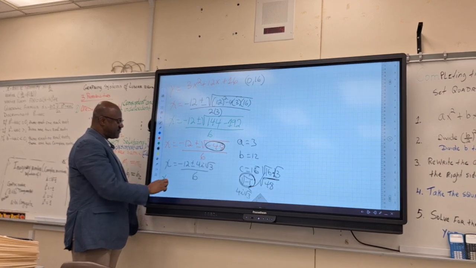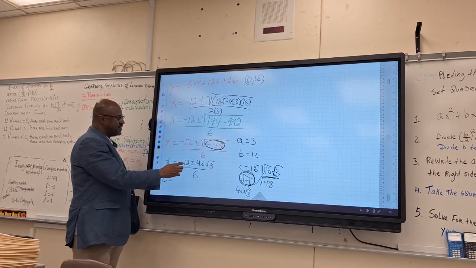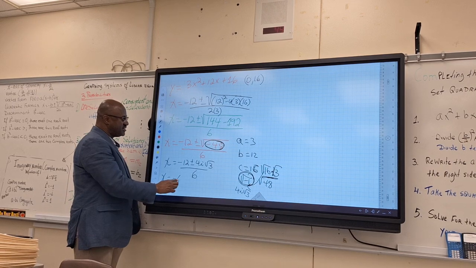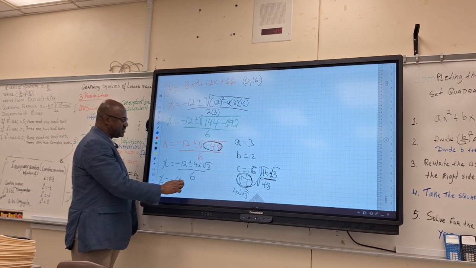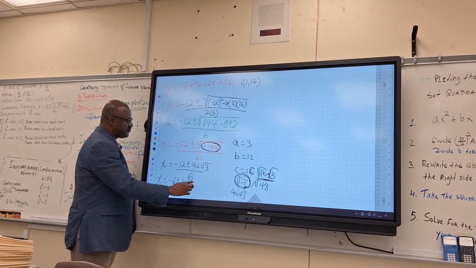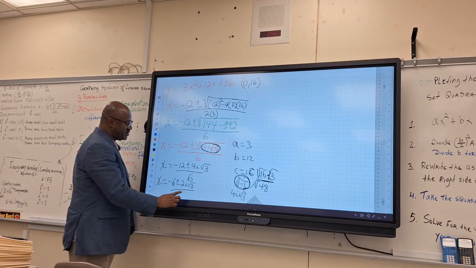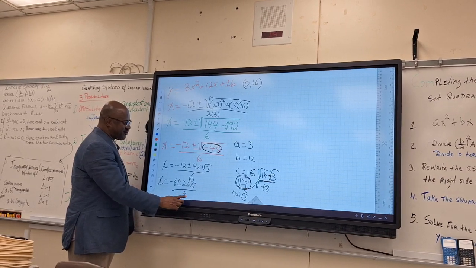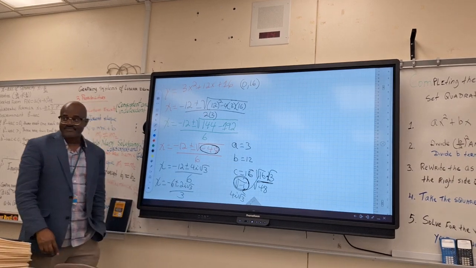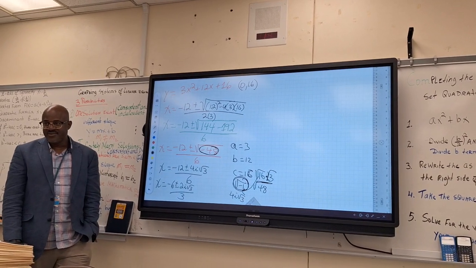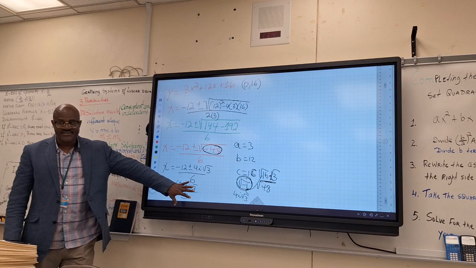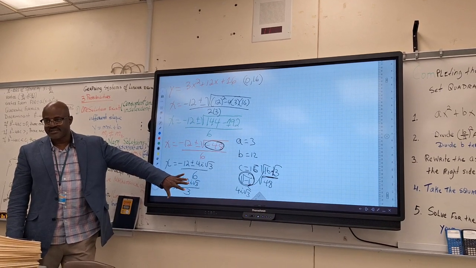So you can simplify it by 2, then you stop. That will give you negative 6 plus or minus 2i root of 3 over what? Over 3. Then you should say you stop: no x-intercept. There will be no x-intercept.